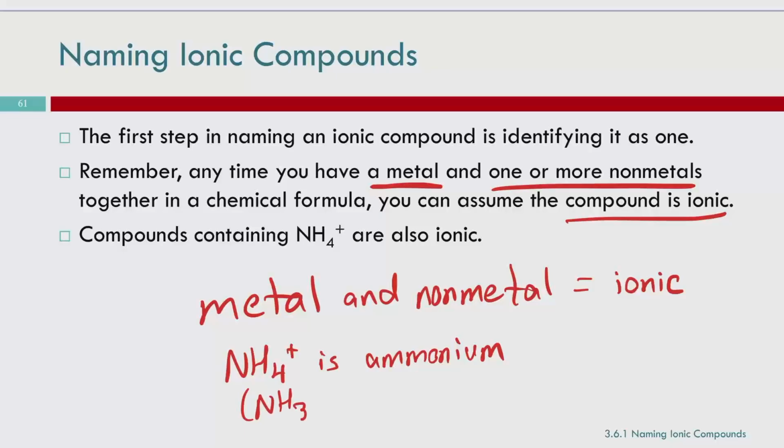It's related to ammonia, NH3. Instead of ammonia, it's ammonium. So NH4+ is also a cation, but notice that there's no metals in there. So that's the one weird exception. I don't think it comes up during my slides. I don't think I've ever used it as an exam question either.